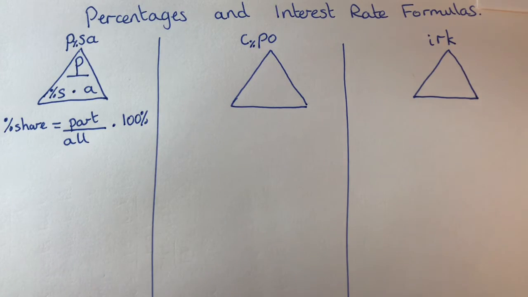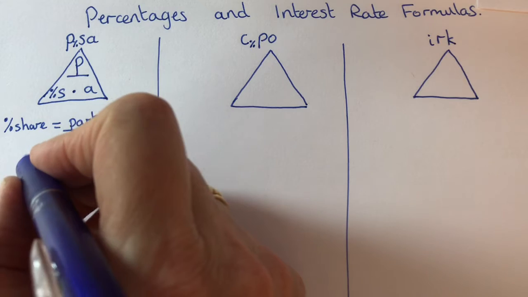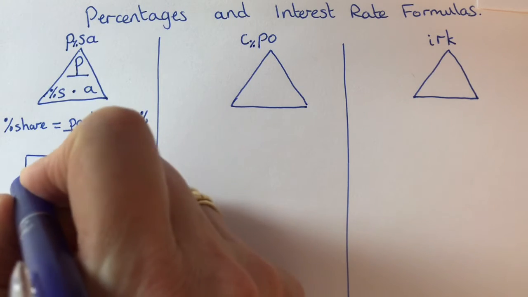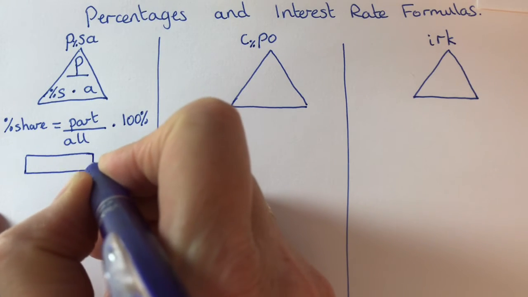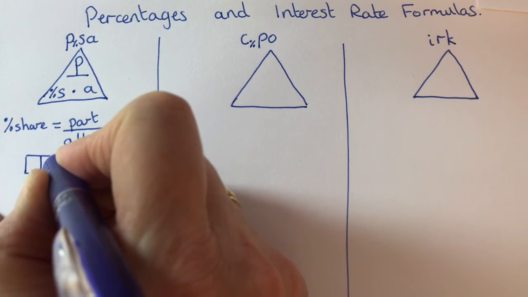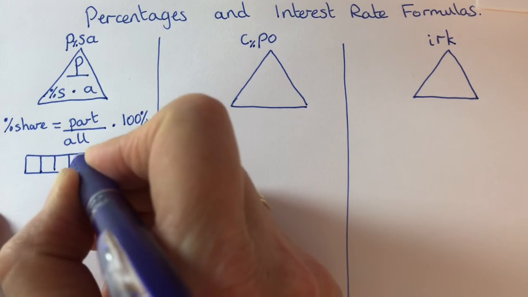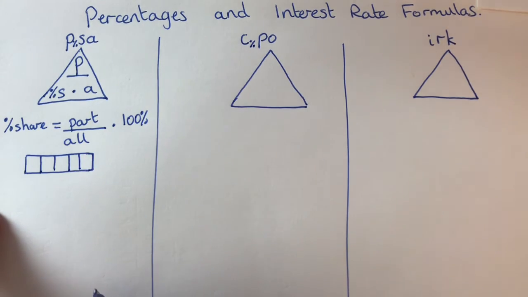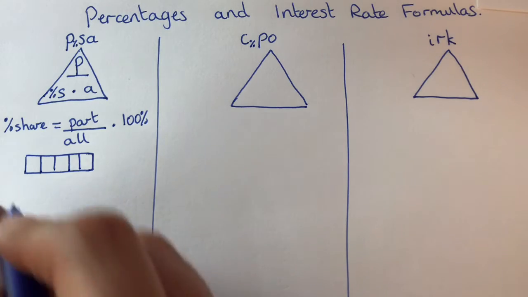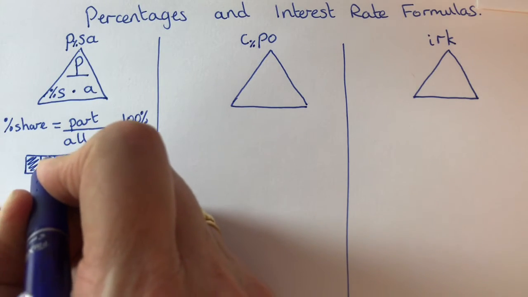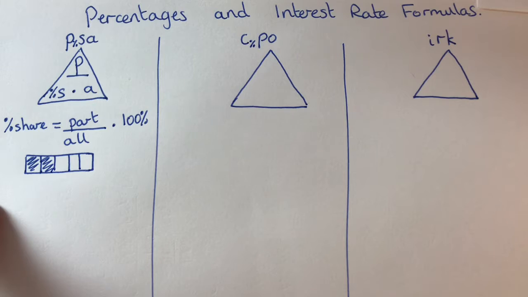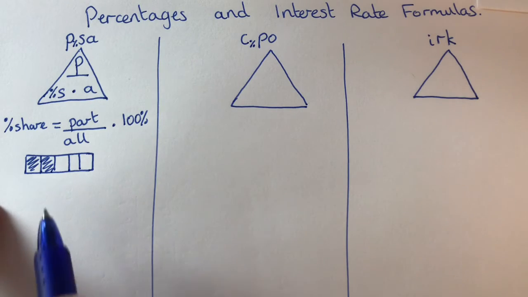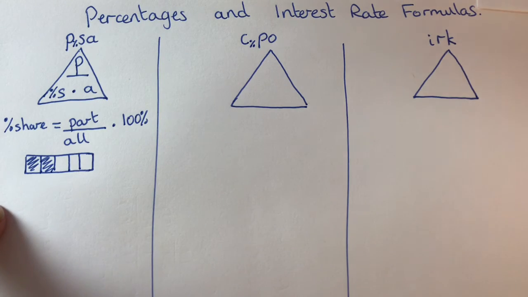So if we know, for example, here is a little block of 1, 2, 3, 4, 5 little rectangles. Assume that they're all the same size. And 2 of these are shaded. And the question could say, what percentage of the blocks are shaded?